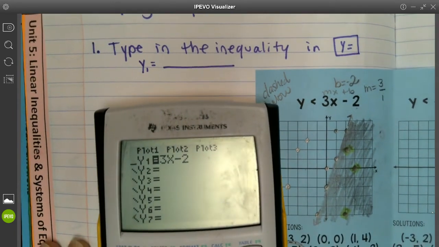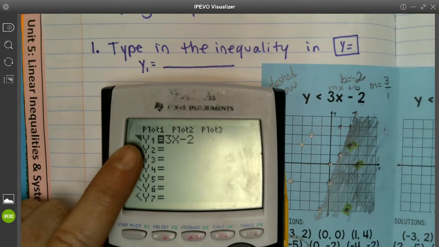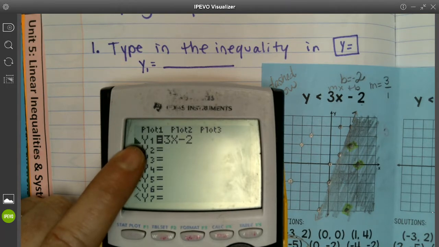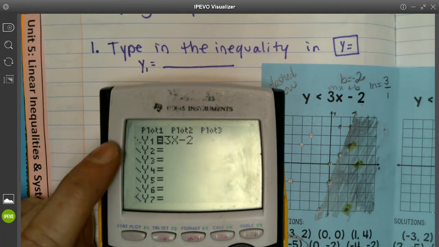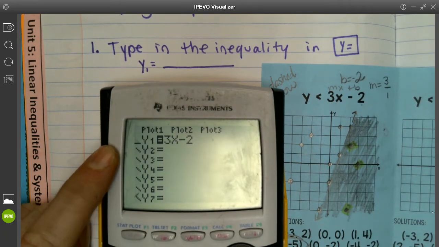If I push enter, see how it changes what's in front? This symbol is like snow on the roof, so it's a greater than. This symbol's like below the roof, so it's a less than symbol. You can keep on pushing enter until you get the one that you want.